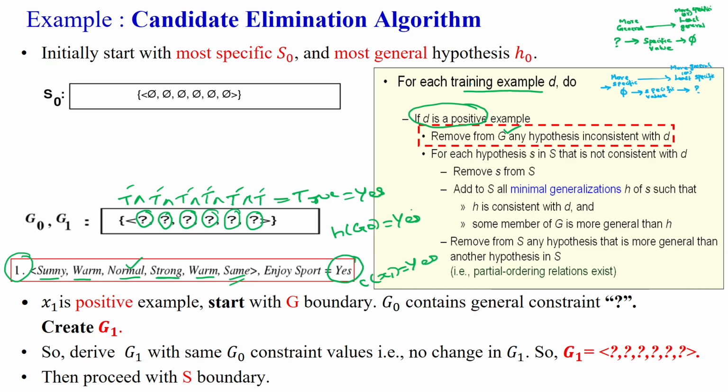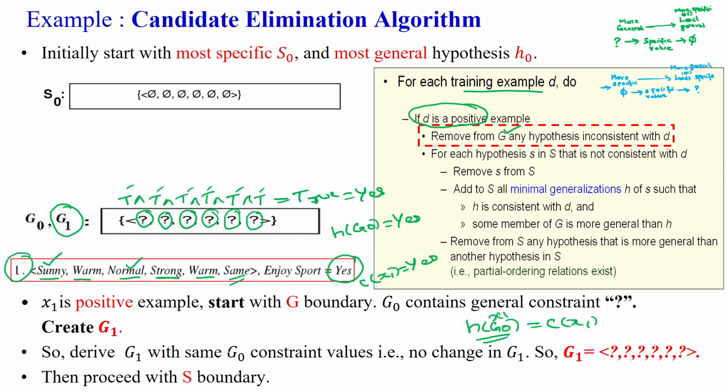Both are equal. The rule is that h of x1 should be equivalent to c of x1. With respect to x1 this is matching, so this hypothesis is consistent, no need to remove, but we label it as a new hypothesis G1 with respect to training example x1.